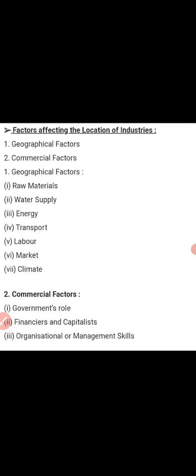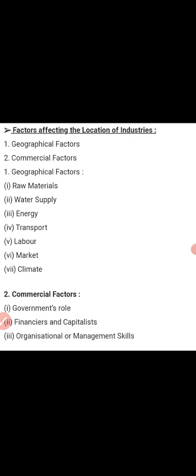So always industry should be located on a place where raw material is easily available, and also the transport facilities for the transportation of that raw material to the location of the industry is available, so that the cost of transportation can be less and it can be more beneficial, and it can be transported in a timely manner, so that there cannot be any delay in the production of the product. So industry should be located near the source of raw material.